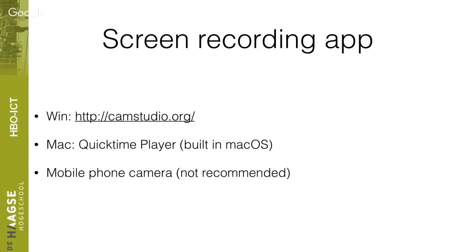So for Windows, there's a free Cam Studio that you can use to record the screen. For Mac, you can have a QuickTime Player, which is the built-in video player of the OS X, Mac OS. You can also use it to record the whole screen. Or you can just use your mobile phone to make a recording. Not recommended because you will have like maybe a shaky cam.